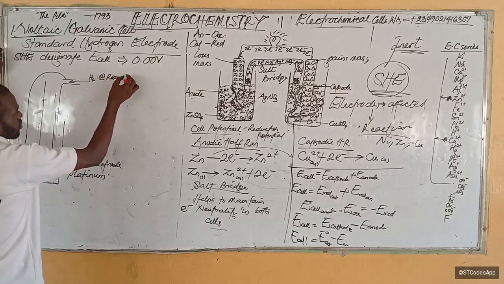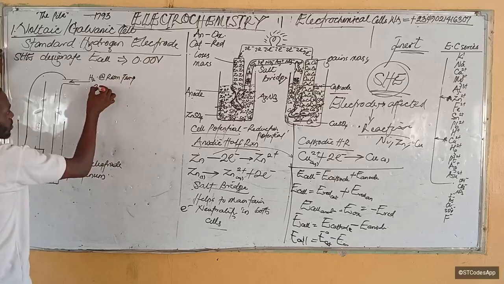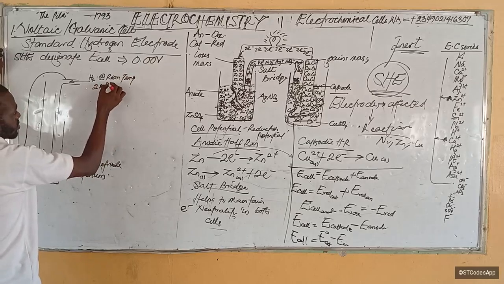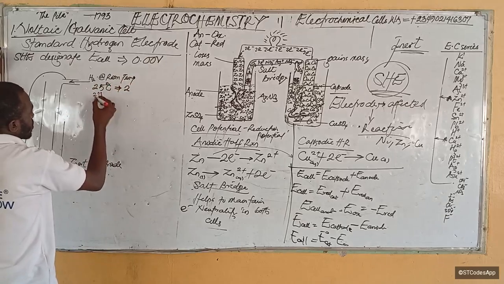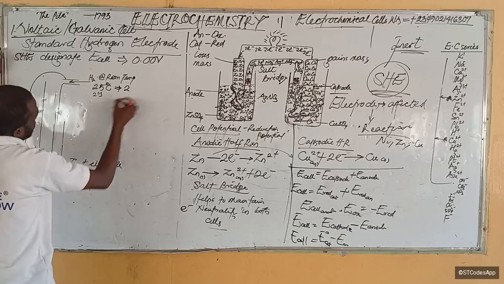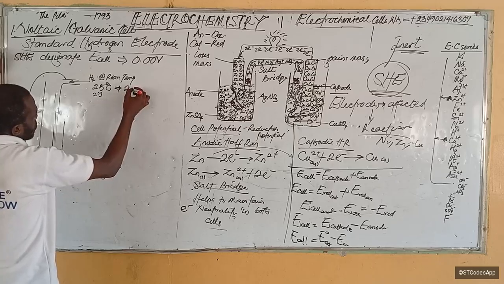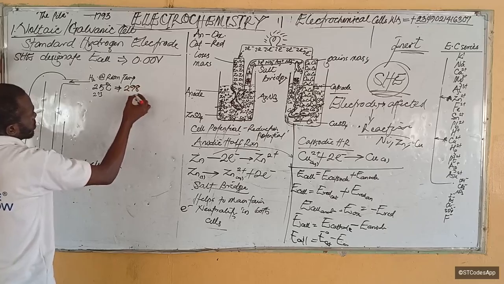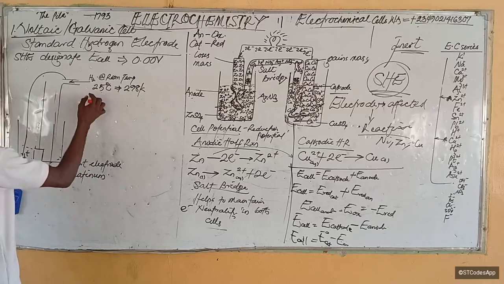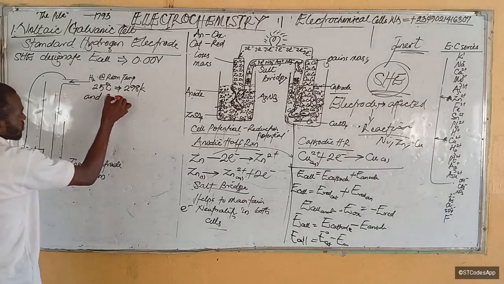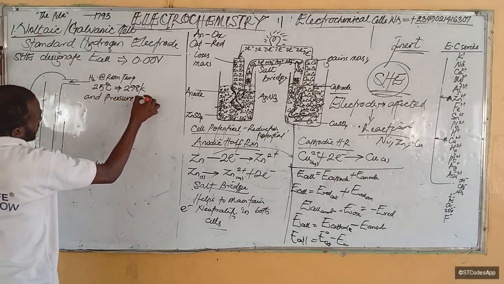What's room temperature? That is 25 degrees Celsius, but we use Kelvin to record, so that will be 298 Kelvin, and a pressure of 1 atm.